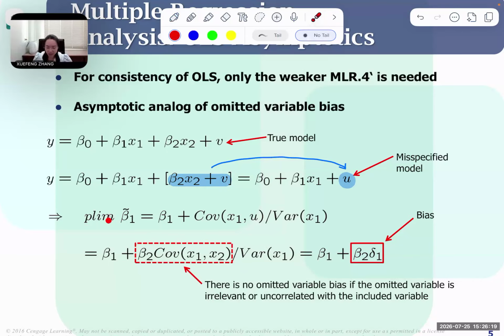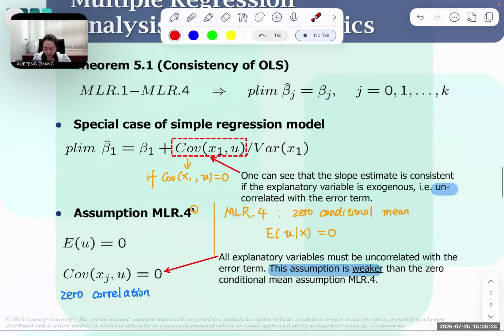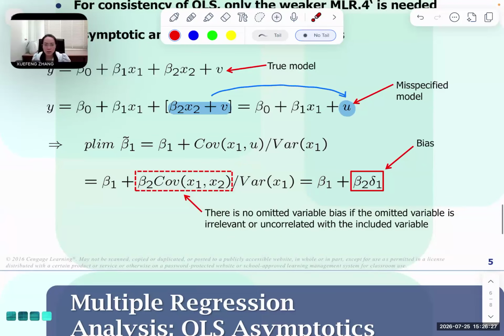Now, using our consistency formula from the last slide, we have plim beta 1 tilde equals beta 1 plus covariance of x1 and mu over variance of x1. Then we substitute mu equals beta 2 x2 plus v and work through this covariance.